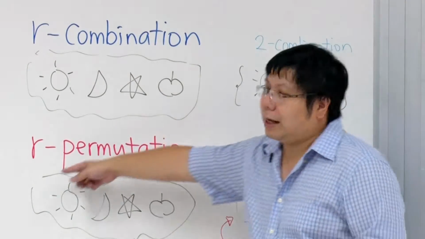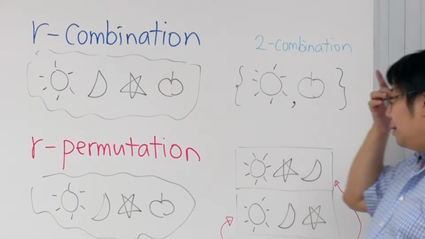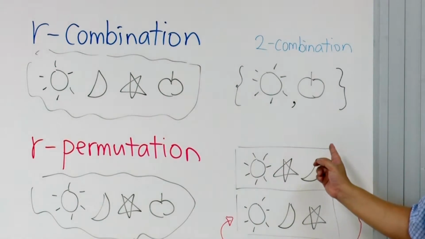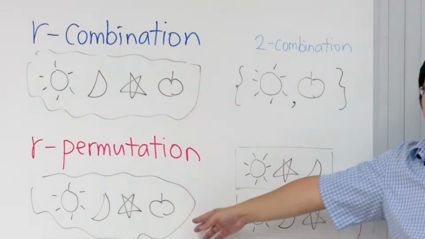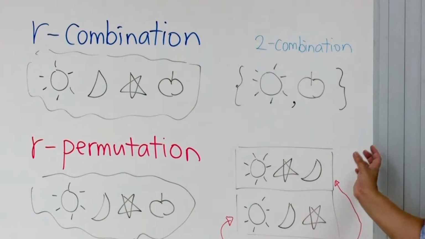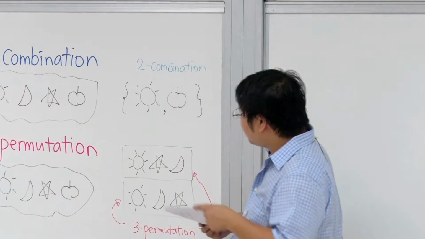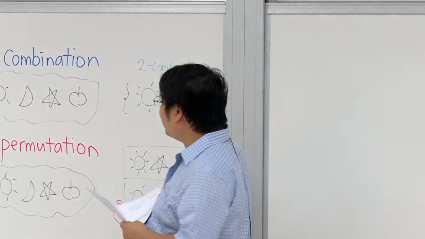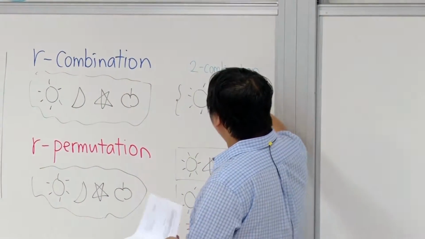As an example, let's say we again have the sun, the moon, the star, and the apple. Sun, star, moon is one way of arranging 3 of the items in this collection. Sun, moon, star is another way of picking 3 items and arranging them.